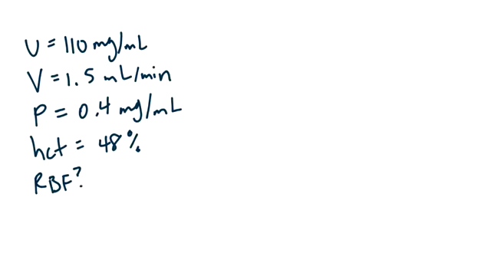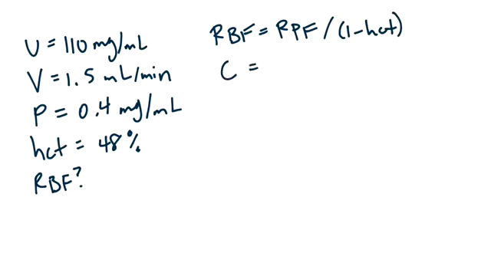For this problem, we need to use both of the equations I just discussed. Renal blood flow equals renal plasma flow divided by 1 minus hematocrit, and clearance equals the urine concentration times the flow rate over the plasma concentration.